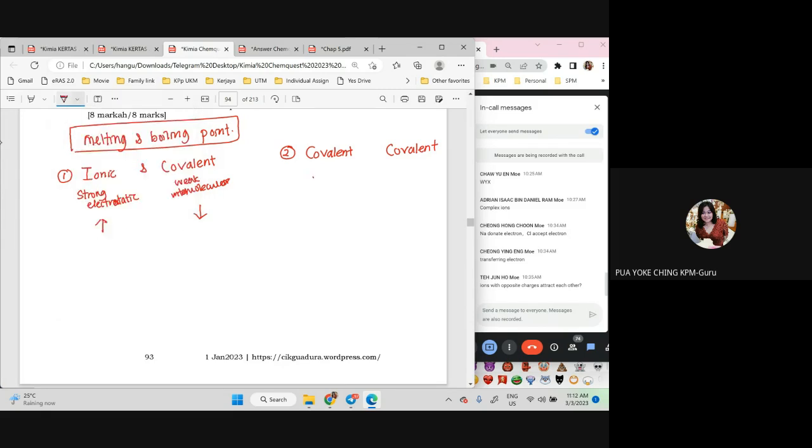First, you check ada hydrogen bond tak. Okay? If you have hydrogen bond, kalau hydrogen bond maksudnya you kena cari H yang tertarik dengan N atau O atau F. So, kalau ada hydrogen bond, takat didih dan takat leburnya tinggi.